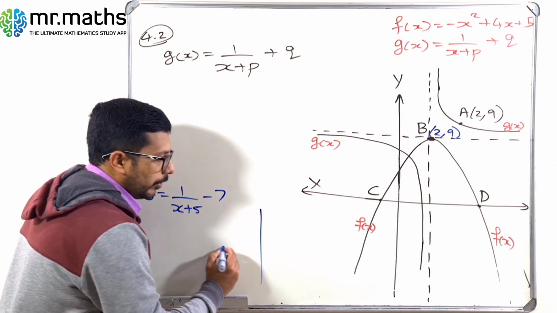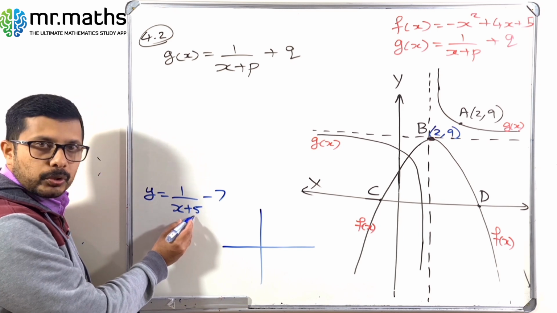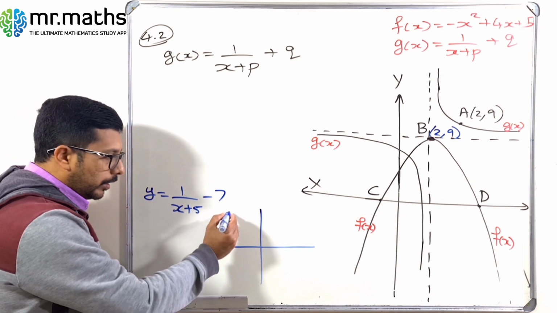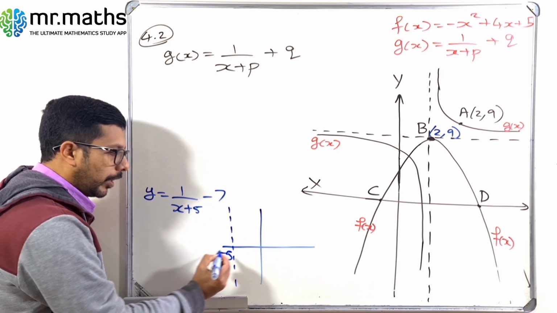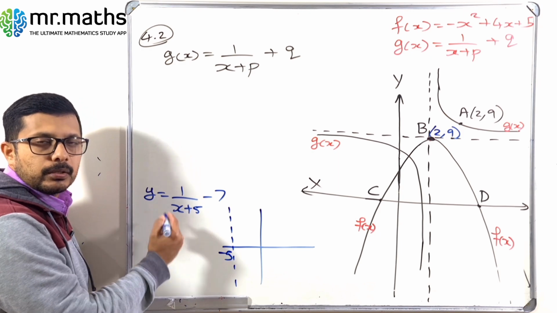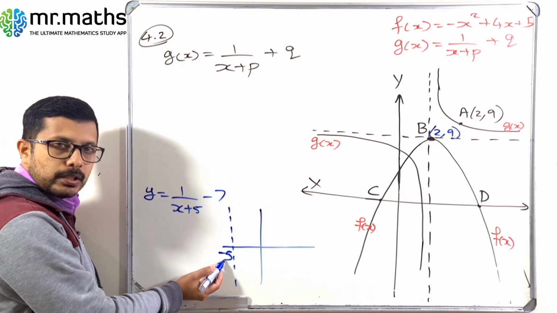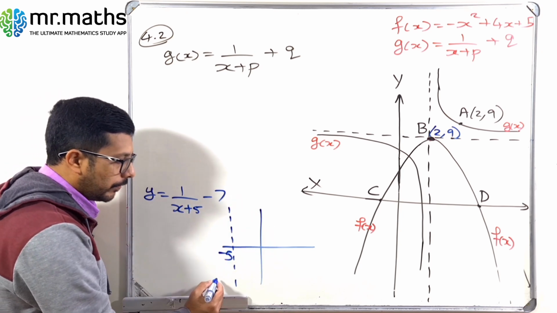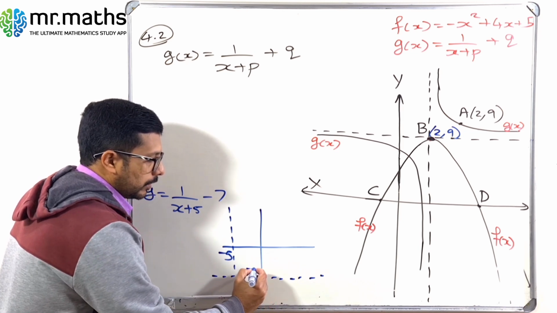So when you draw that one, the vertical asymptote you are supposed to draw is through minus 5. You remember that one? The opposite sign for the vertical asymptote. So here plus 5, there it is minus 5, and this one no change. If here it is minus 7, there also you have to draw it as minus 7.